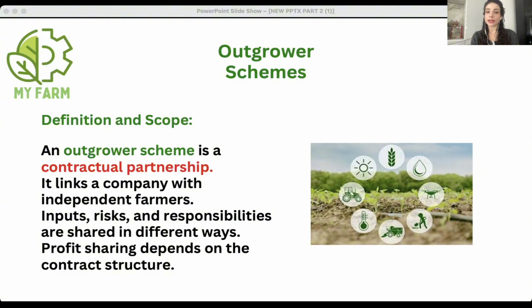If we look at the definition of an outgrower scheme, it is a contractual partnership between a company, such as a processor, trader, or exporter, and independent growers or landholders. These partnerships vary in how inputs, risk, responsibilities, and profits are shared.